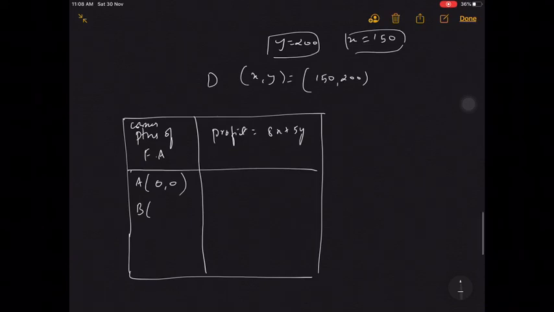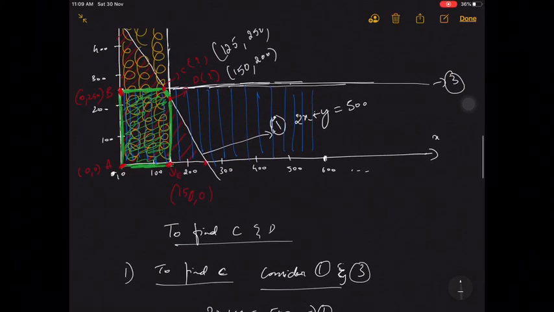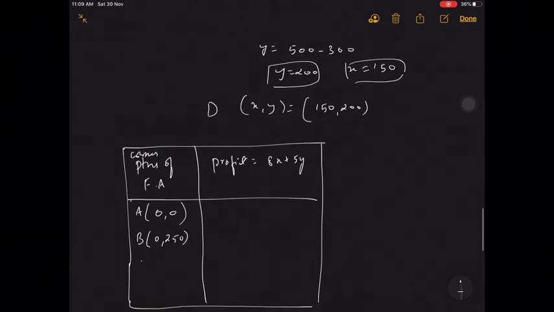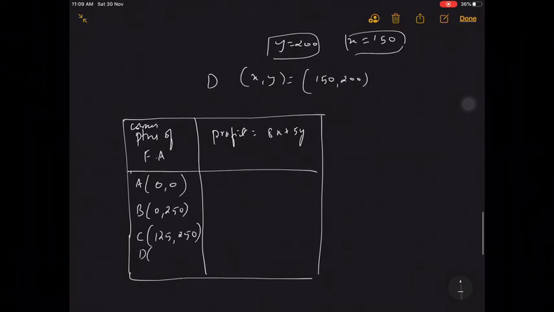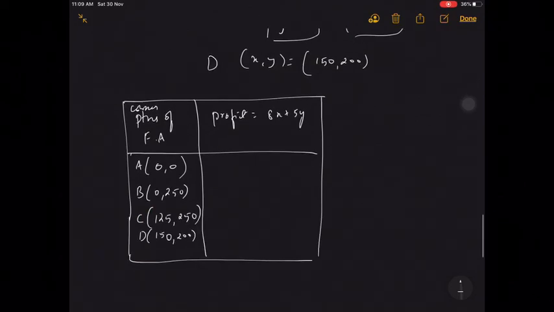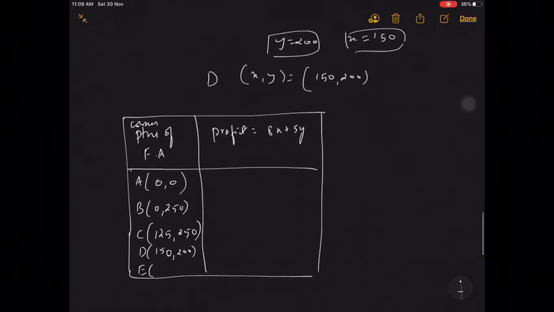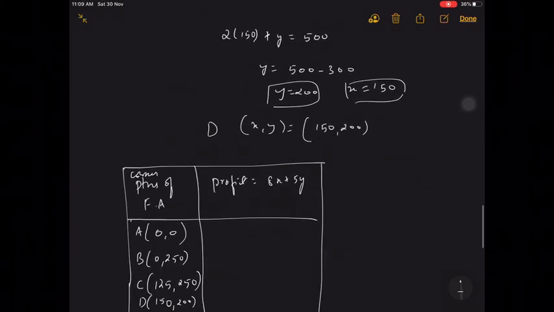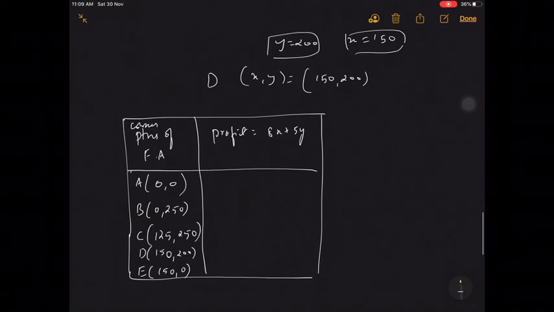A is 0 comma 0, B is 0 comma 250, C we just found 125 comma 250, D is 150 comma 200, and the last one E is 150 comma 0. Now this is nothing but your x comma y. Now we'll put these points in the profit function.